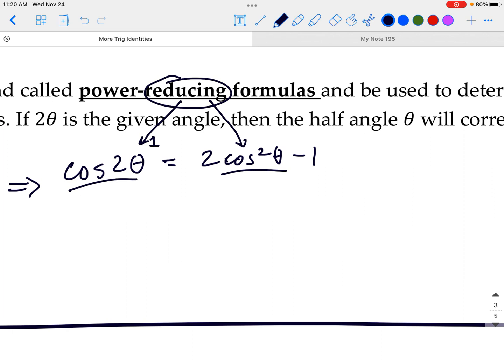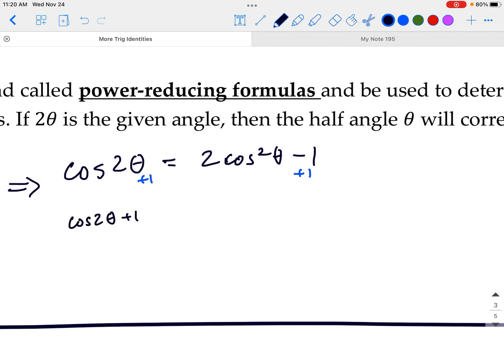But cosine squared theta is degree 2. So I can rewrite cosine squared, a degree 2 expression, in terms of a linear version of cosine in cosine 2 theta. So again, that's going to be kind of the very usefulness here, is writing cosine in terms of different powers of cosine. So we'll start by adding 1 on both sides.